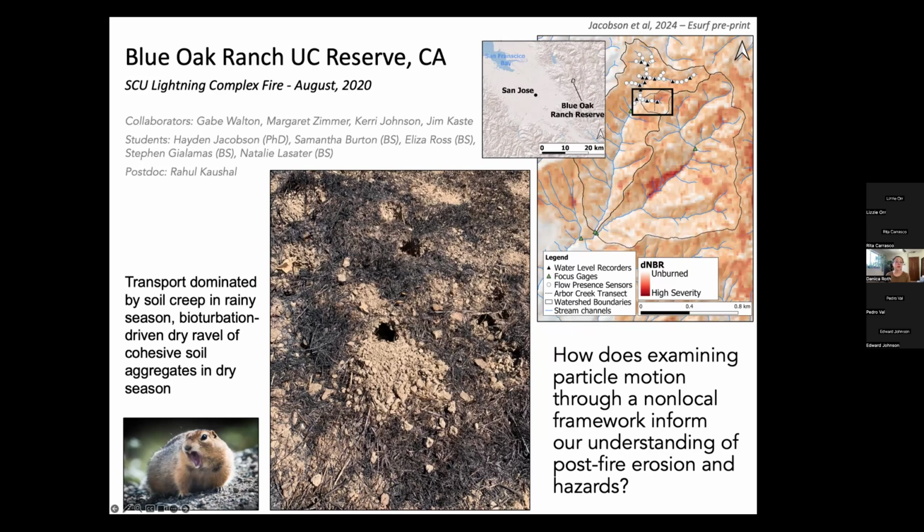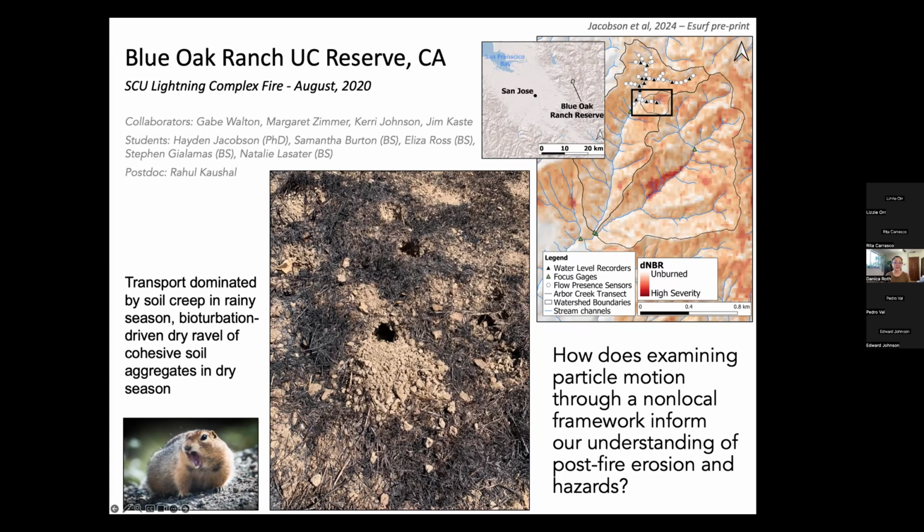This is near one of the classic landscapes where many people have characterized biotic, bioturbation-driven, and especially gopher-driven transport. This entire region of California is very squirrel and gopher controlled.